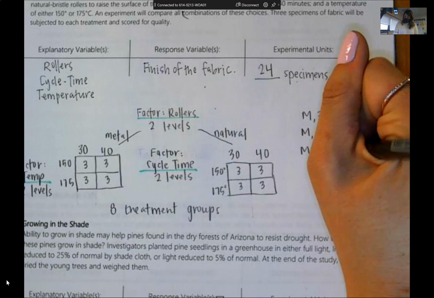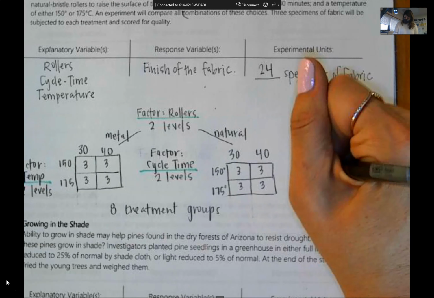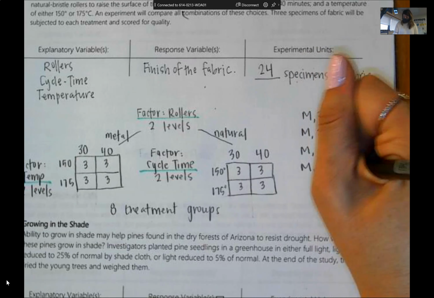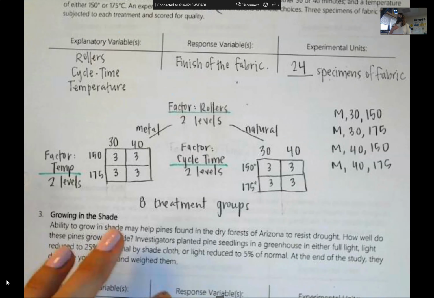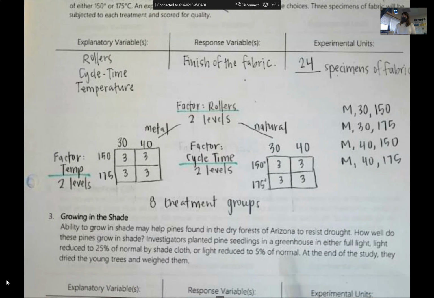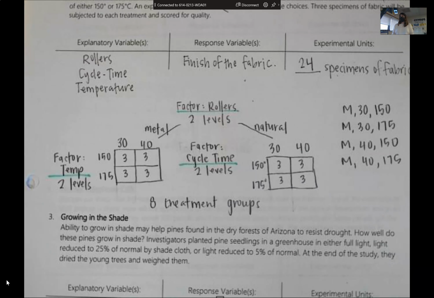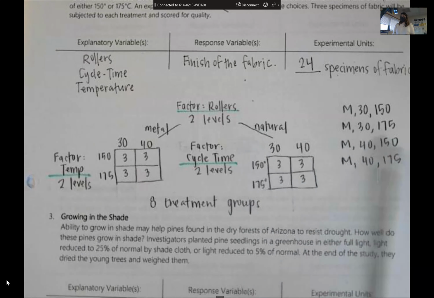Metal 40, 150, metal 40, 175, which I personally think is a lot harder than just drawing the picture. Either one works though. You're okay? You do not have to do this if you draw the picture. You only have to do it that way if you don't.